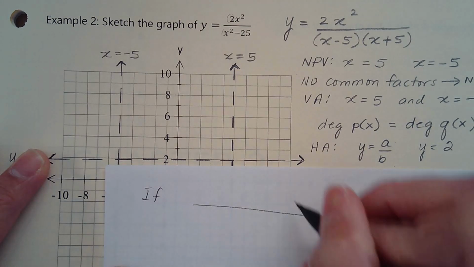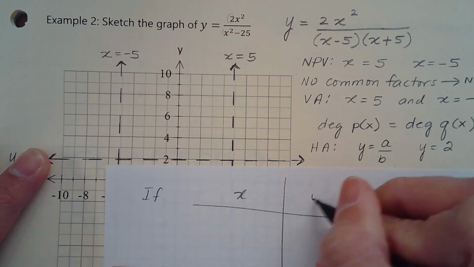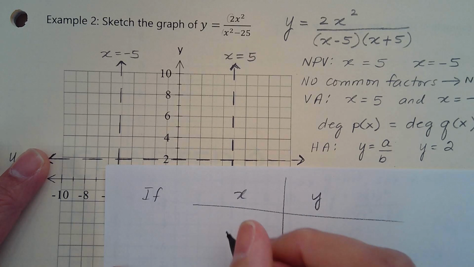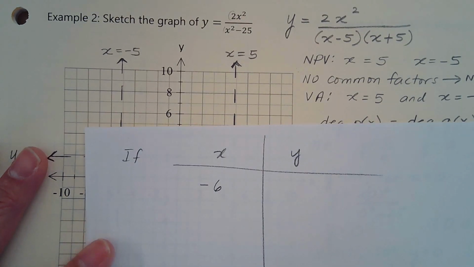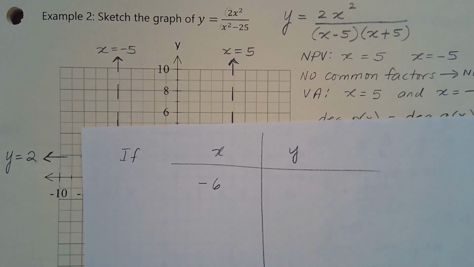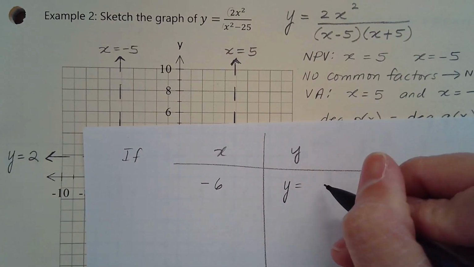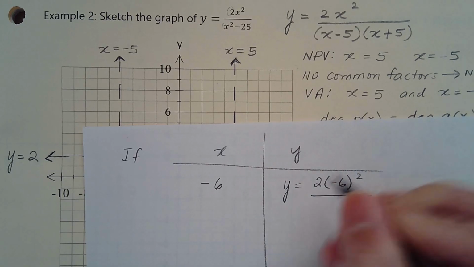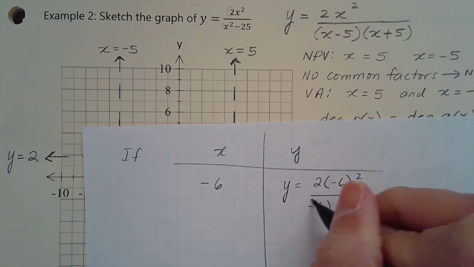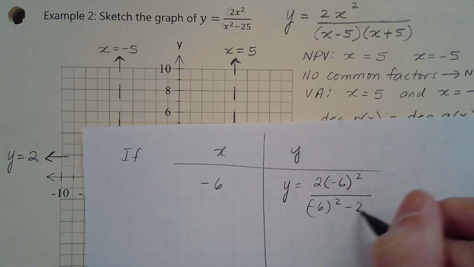So if x is -6, what is the y value? So y equals 2 times -6 squared over -6 squared minus 25.